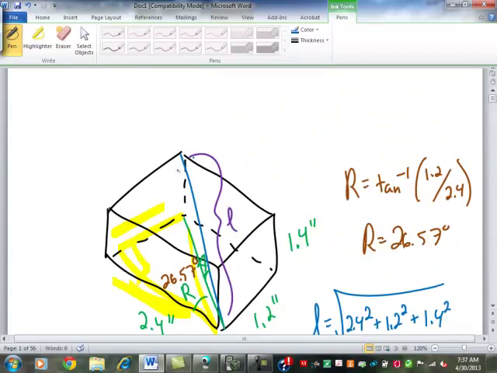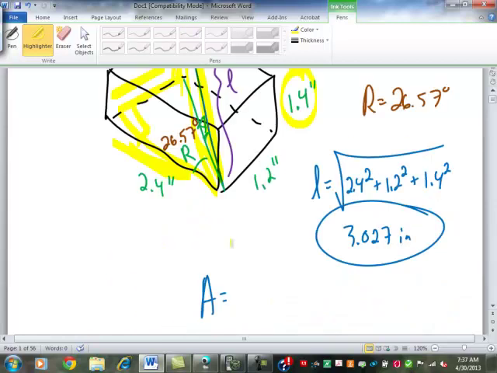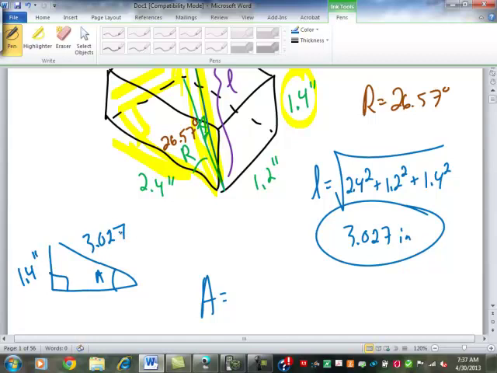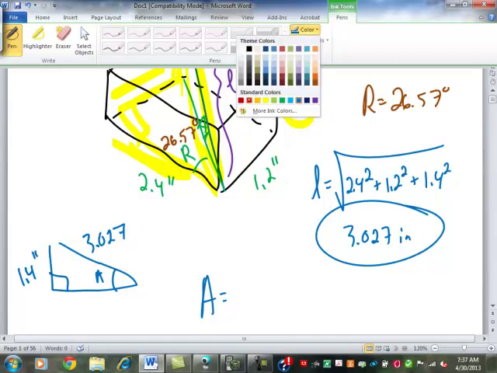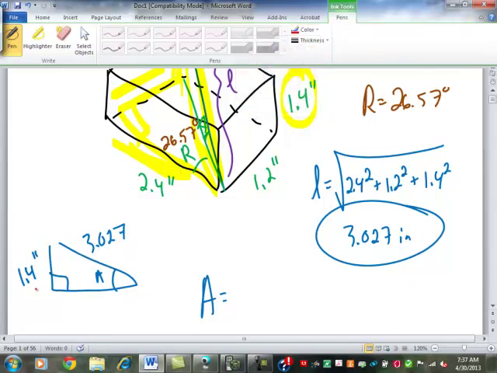We know this. A is going to be this triangle. We know this side, just our thickness, and we now know the length. Which means here's angle A. We have the 1.4, 3.027. What sides do we have? Opposite and not adjacent.